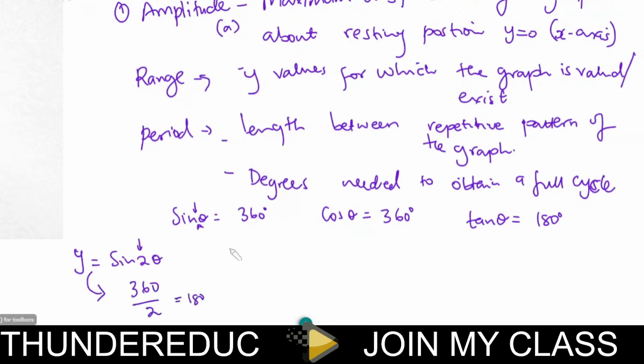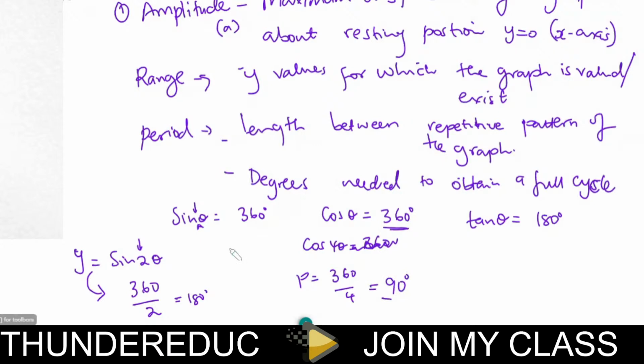Then the period in that case will be 180. Same story there. If we have the cos of 4 theta, the period is going to be 360, the standard period, over the 4. So which means after 90 degrees, we shall have the full graph of cos.